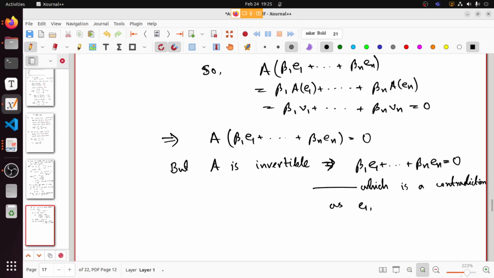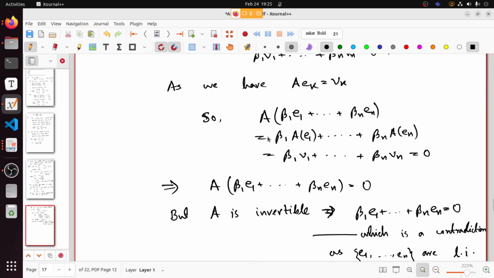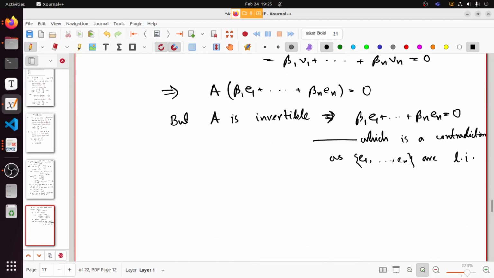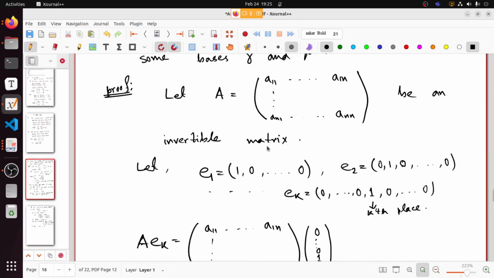Contradiction, as v1 up to vn are linearly independent, right. So our assumption is false, which means this set v1 up to vn is linearly independent. So what we have shown? We have shown that the column vectors of A are linearly independent.